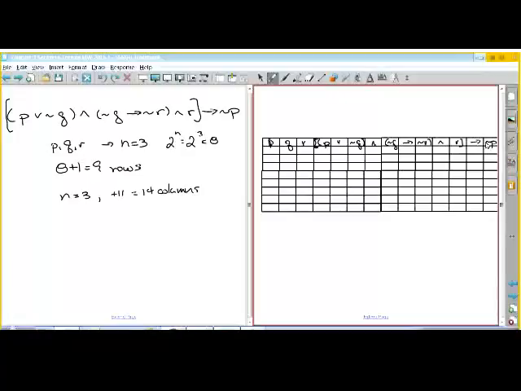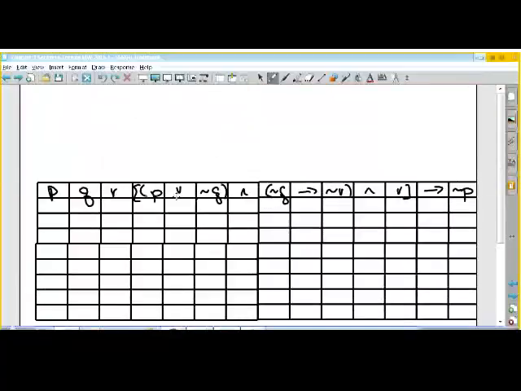Then I have a conditional to not P. So let me put this on one page so you can see it. So P, Q, and R, P or not Q, and if not Q, then not R, and R, therefore not P.